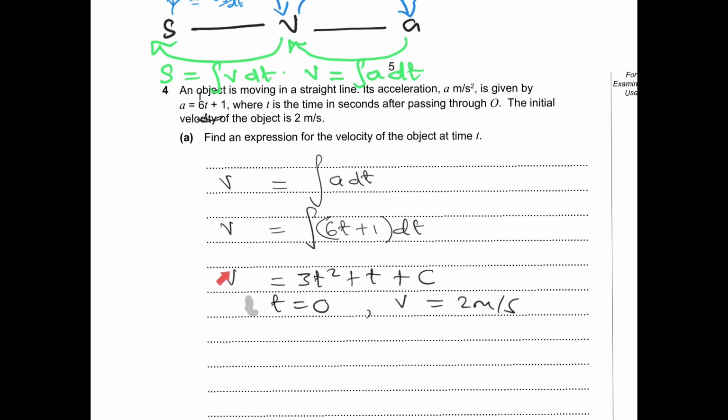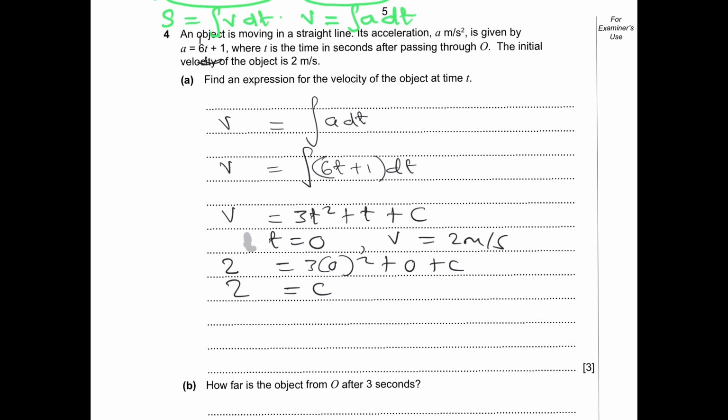We substitute this in there for us to be able to get the constant of integration. So we have 2 is equal to 3 in brackets 0 squared plus 0 plus c, which of course gives c is equal to 2. So the expression for velocity then becomes, because that was a general expression that we had there, but for us to get a specific expression, knowing the constant of integration, we need to substitute this.